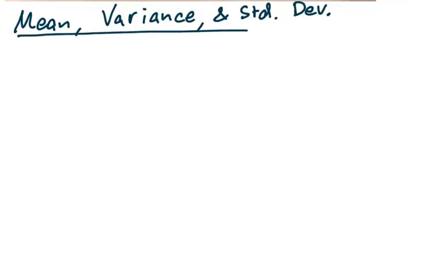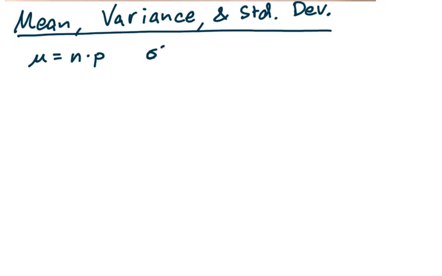Now, we cannot leave this video without talking about the mean, the variance, and the standard deviation for the binomial distribution. So the mean is going to be computed a little bit differently. It's pretty easy. It's just the number of trials times the probability of success.